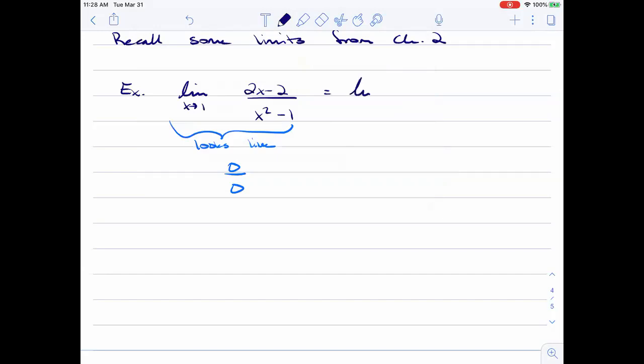So in chapter 2, though, we had some methods of dealing with this. So we said, okay, I'm going to rewrite this. I'm going to factor out a common 2 in the numerator and say 2 times x minus 1. And then I'm going to factor the denominator as x minus 1 times x plus 1.